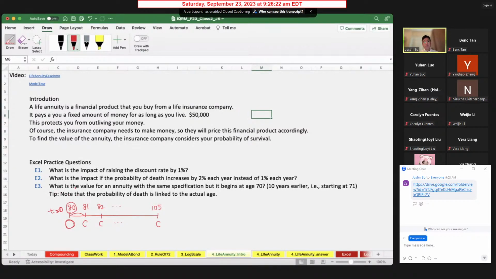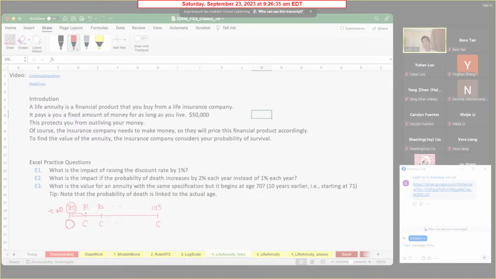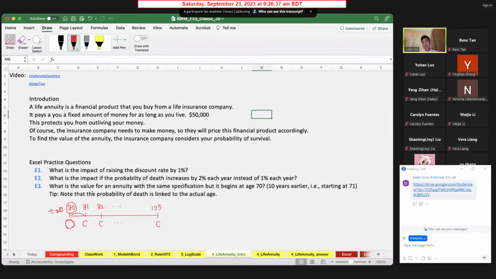But in this number 3, it's asking, what if we change the starting year as 70? The person purchases this annuity at age 70, and then first payment will occur at age 71. So we need to add 10 years in front, before 80. So we need to actually change that setup.